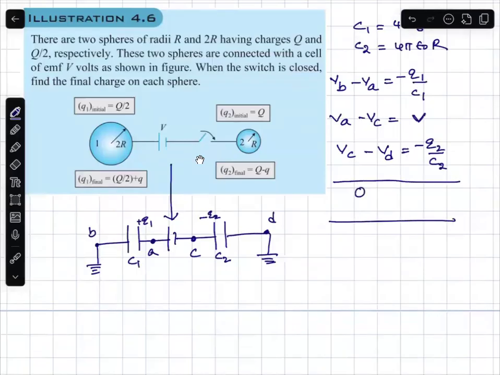In fact, VB minus VD is 0, connecting both to the earth. Therefore, this will become minus Q1 by C1 plus V minus Q2 by C2.